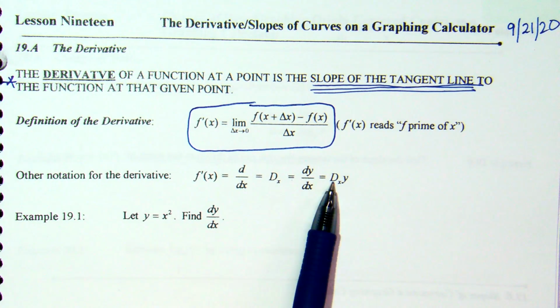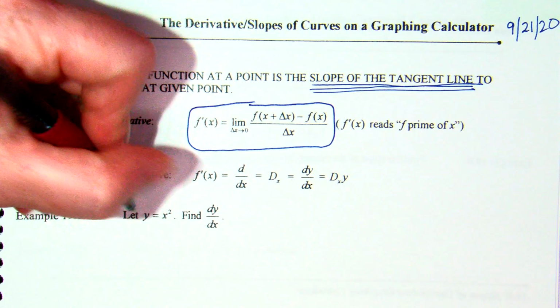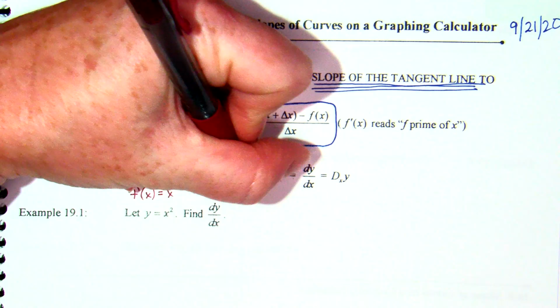Example 1. Let y equals x squared, find dy/dx. Now, if you'd prefer, instead of y, you can think f of x equals x squared. And then what they're asking you to do is to find f prime of x.